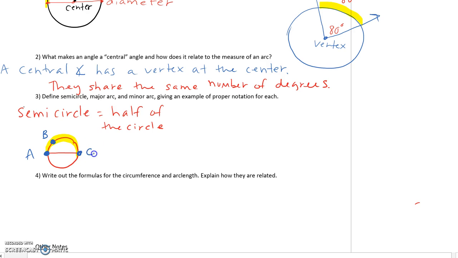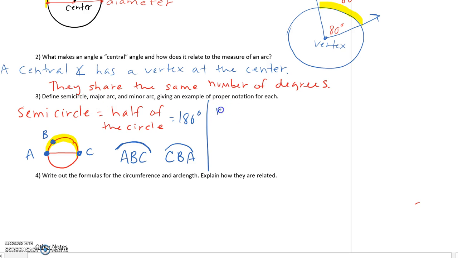I'll call my 3 points A, B, C. And then there's a little curvy line above it to show that you're going along the curve, starting at A and going to C. You could also start at C, go along the curve, and go back to A. Doesn't really matter where you start and where you finish. They always, by the way, are exactly 180 degrees when they are a semicircle.